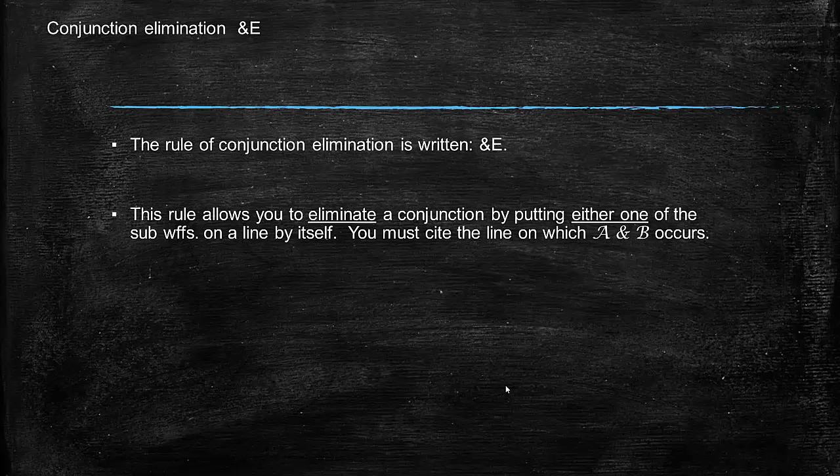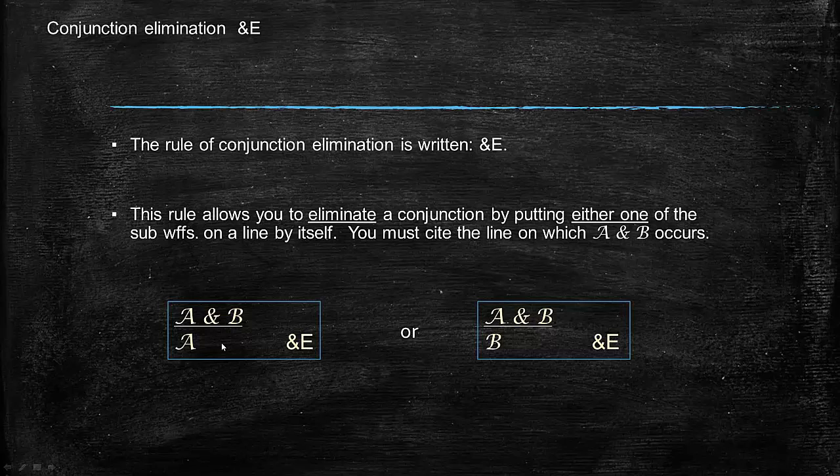And then finally, we have conjunction elimination. And conjunction elimination, which we write as and E, allows you to take a conjunction on some line and pick one of the conjuncts. So you can do it this way, A and B, A, or you could do it this way, A and B, B, right?